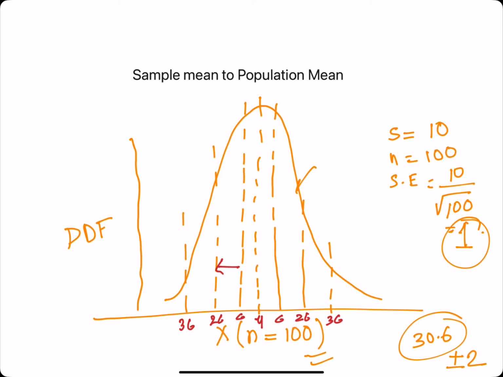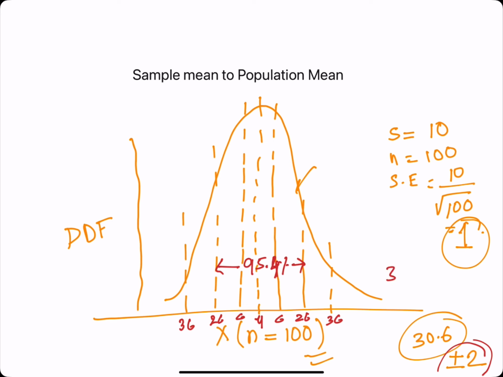If we want to find the probability that the sample mean is within 2 standard deviations of the mean, that is plus minus 2 minutes of the population mean, there is a 95.4% chance that it lies within 2 standard deviations, from the 1, 2, 3 rule that we have seen in the previous lecture. We use the standard error to calculate the confidence interval for our sample mean of 30.6 and the margin of plus minus 2 minutes.